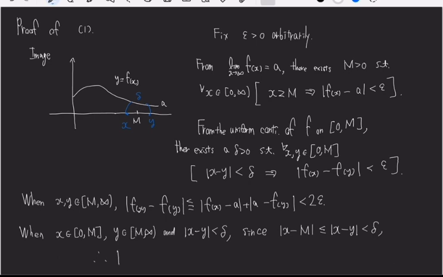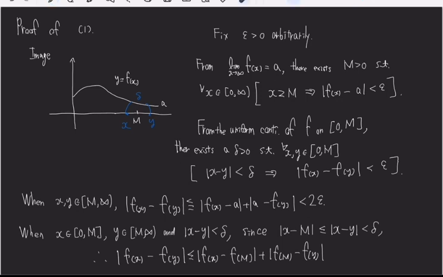Then the modulus of f(x) minus f(y) is less than or equal to the modulus of f(x) minus f(m), plus the modulus of f(m) minus f(y).